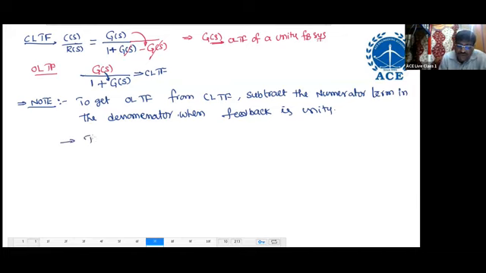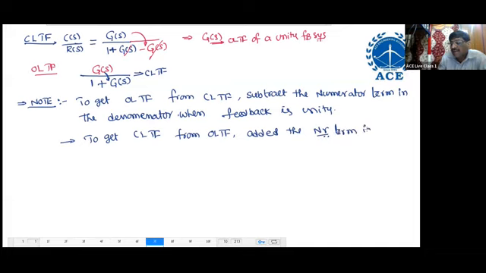To get closed loop transfer function from open loop transfer function, add the numerator term in the denominator term.